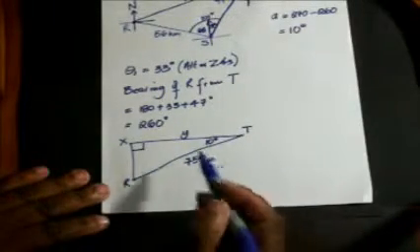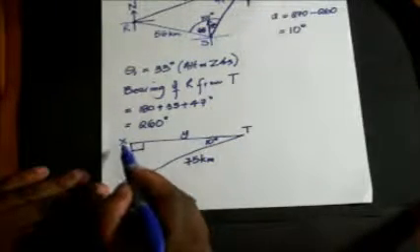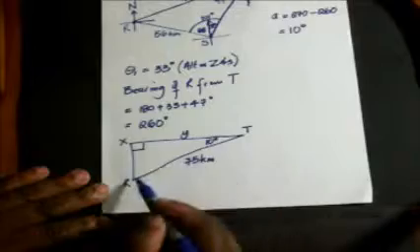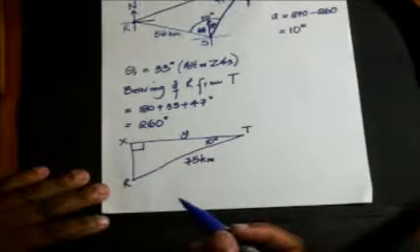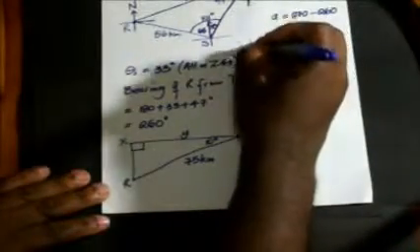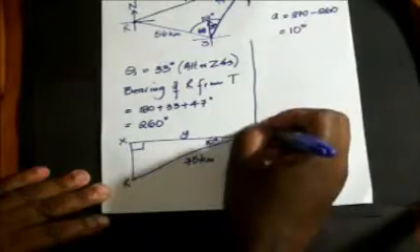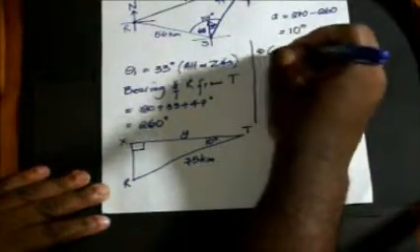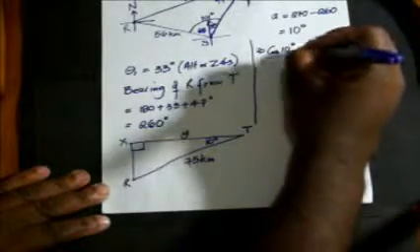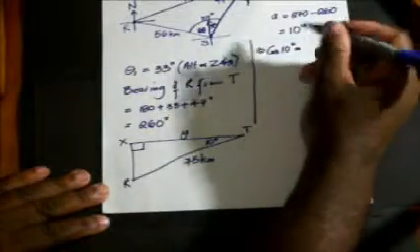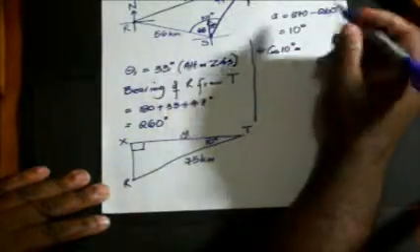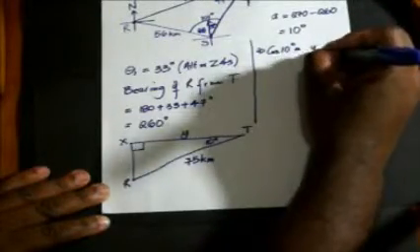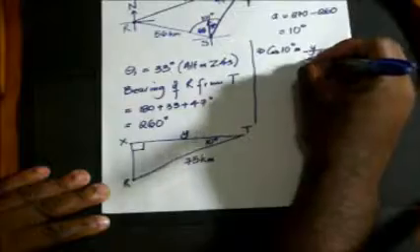Now the ratio that involves hypotenuse and adjacent is the cosine ratio. Sine, cosine and tangent is always of an angle. Therefore, the cosine of 10 degrees is equal to adjacent, which is y, over hypotenuse, which is 75.